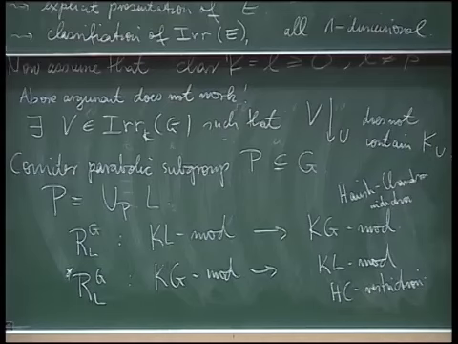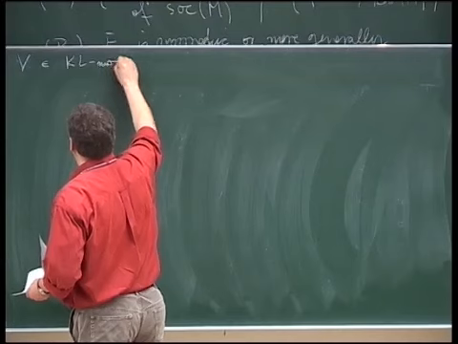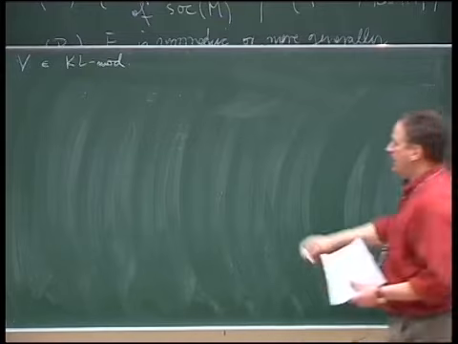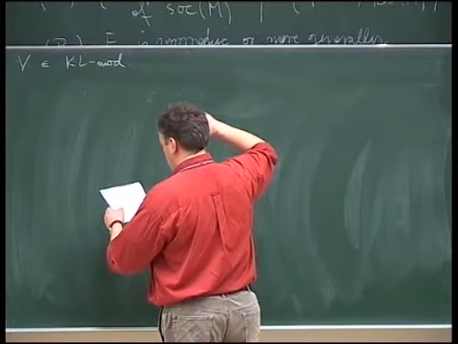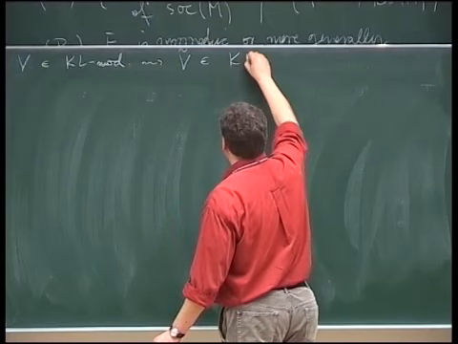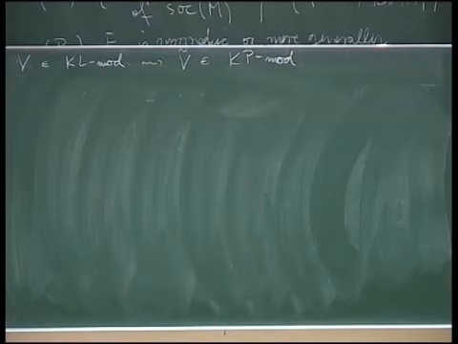So how are these defined? If you start with a KL module, you can regard it as a KP module. Let's denote it by V tilde. L is a factor group of P, so you can just inflate the action from L to P by letting U_P act trivially.